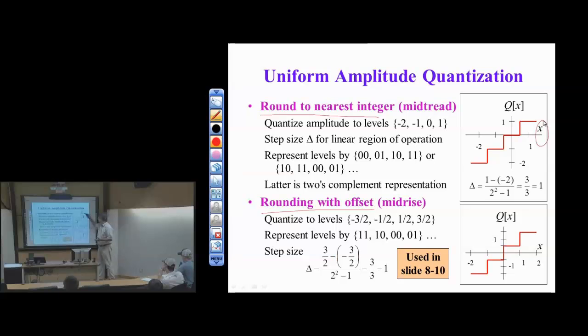I have an output that takes one of a finite set of levels. Can't be infinite. It's not floating point anymore. It's not a real value. It's going to be from a set of quantized amplitudes. So the set I show you here is 1. As far as the quantized outputs, we have 1, 0, -1, and -2. Those are the 4 possible outcomes.